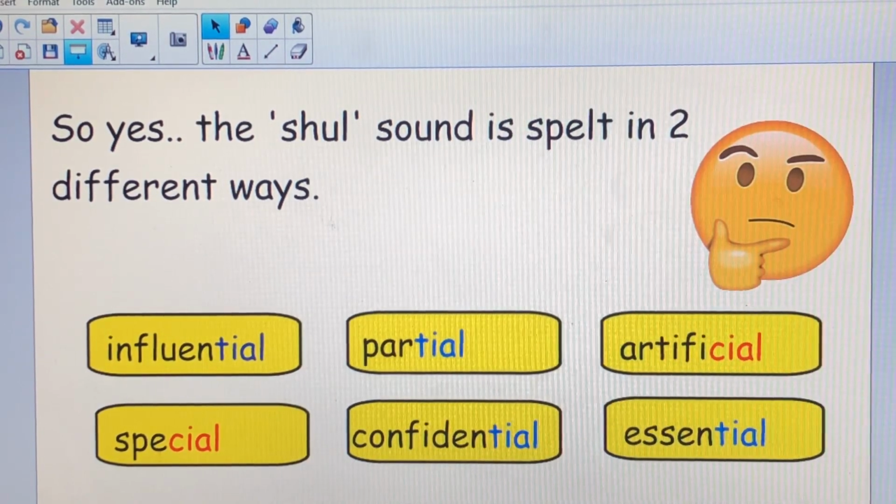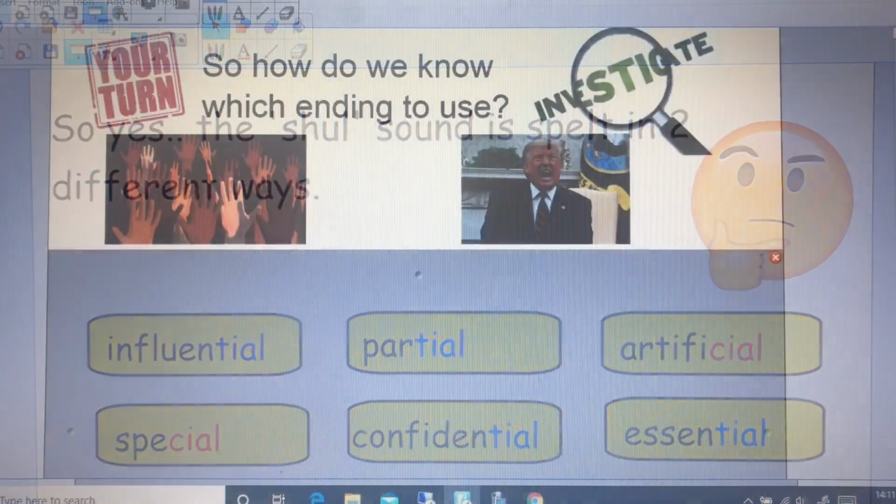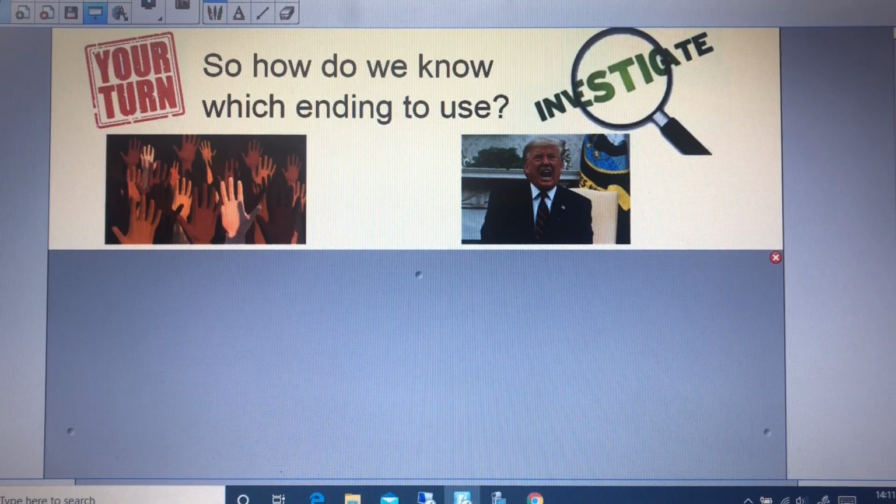That makes it quite tricky. How do we know which shul sound ending to use? Think back to those words that I just showed you and let's investigate. Why do you think certain words ended with C-I-A-L and others ended in T-I-A-L? Did you notice anything in particular?